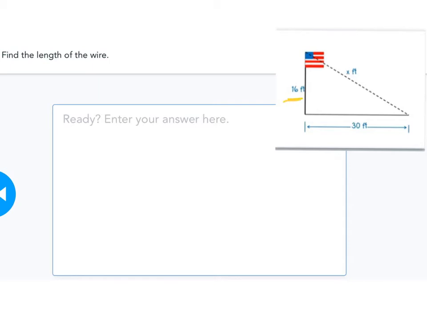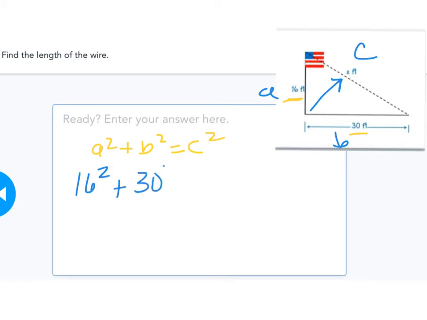So we're going to do a squared plus b squared equals c squared. So what we do is we fill in, this is a, this is b, across from the right angle is always the c. So we're going to do 16 squared plus 30 squared equals c squared. And then you may want to grab your calculator because, 16 squared, that's 16 times 16.